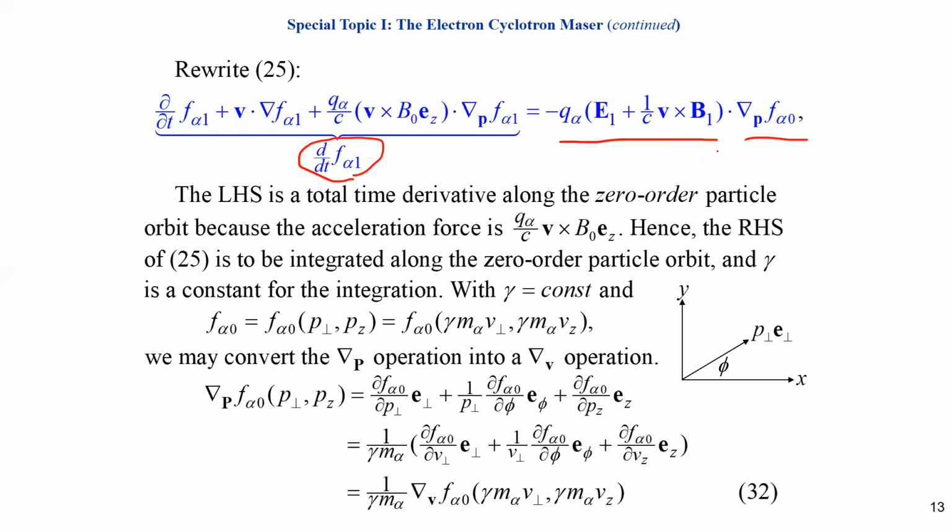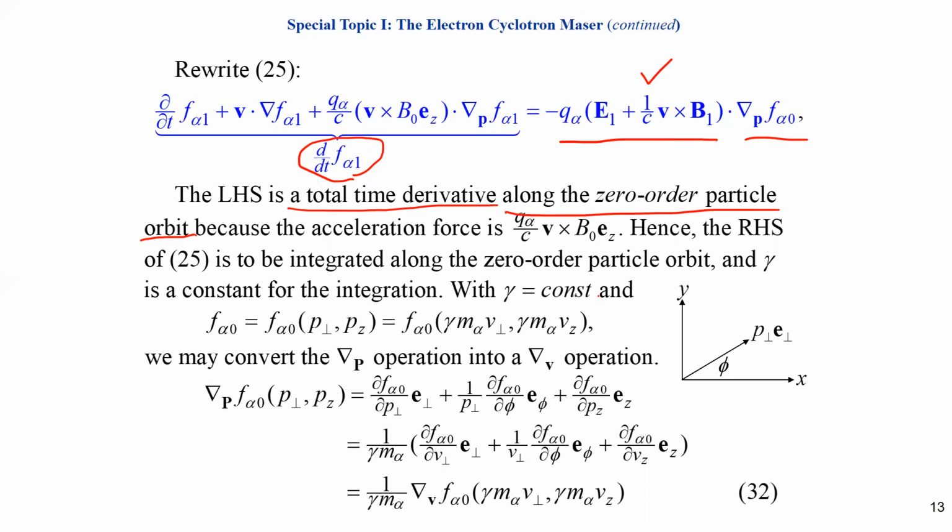That's the Lorentz force. The left-hand side and right-hand side are very similar. The left-hand side is a total time derivative along the zero order particle orbit. Following the particle orbit, you find that the left side is a total derivative.